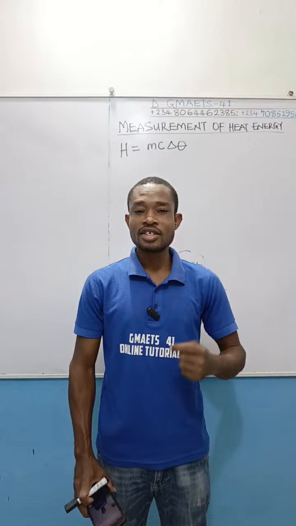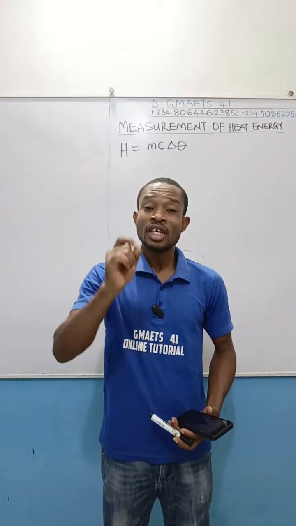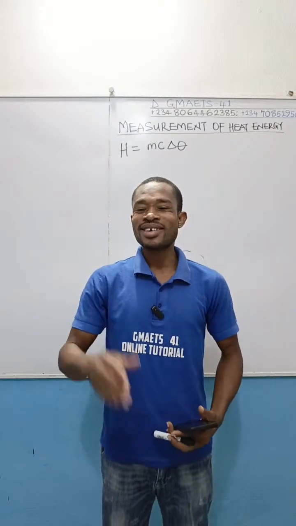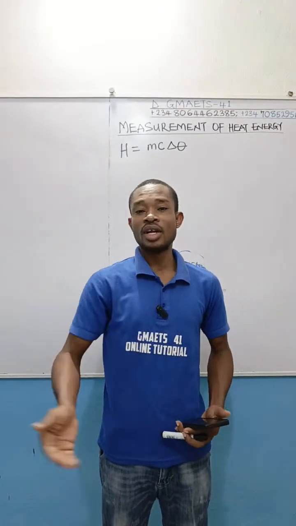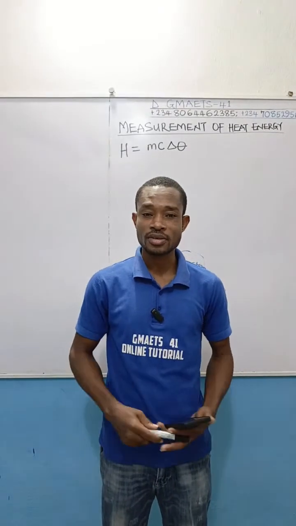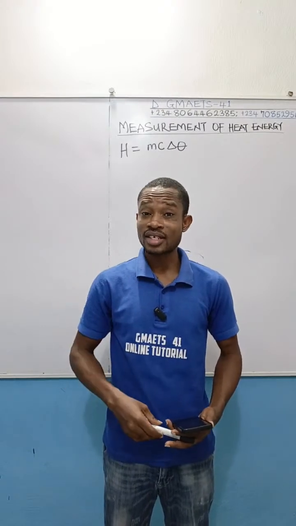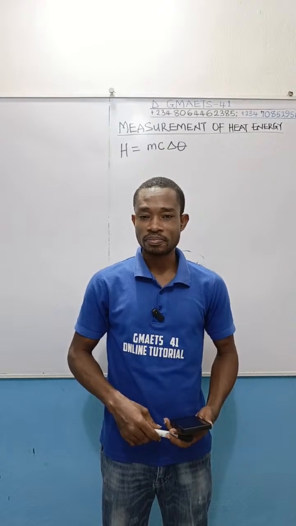The C there is known as specific heat capacity, which is one key quantity we are going to define. As a matter of fact, once you are able to measure that quantity, you can calculate the heat energy of any substance. Then delta T, just like you learned from our previous class, is simply change in temperature.